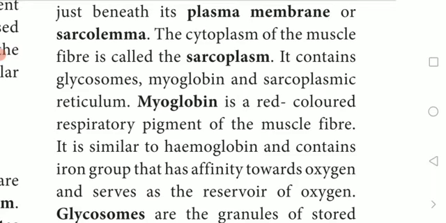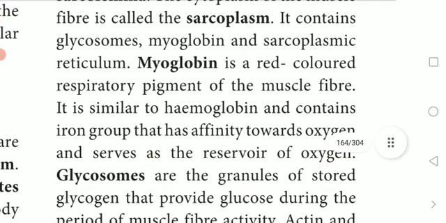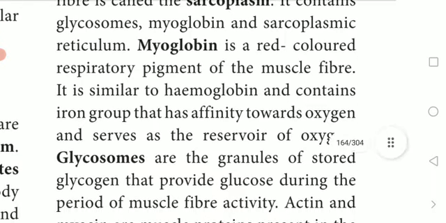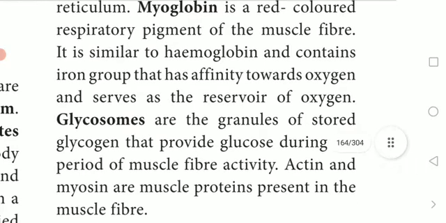It serves as the reservoir of oxygen. Reservoir means storage of oxygen.